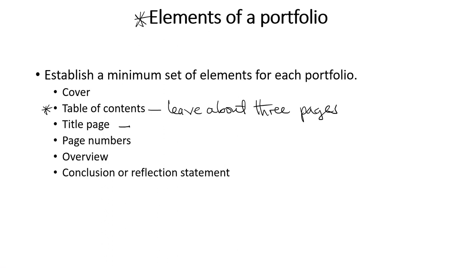You may have a title page for each activity that you are putting in there, or you need a title for each activity. So I'm going to get rid of the title page itself. Just make sure that you have page numbers in there if it's not too complicated.